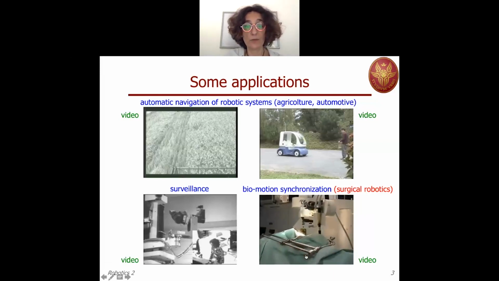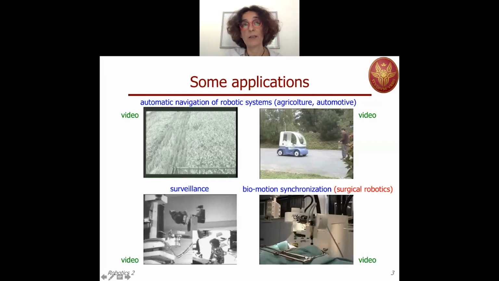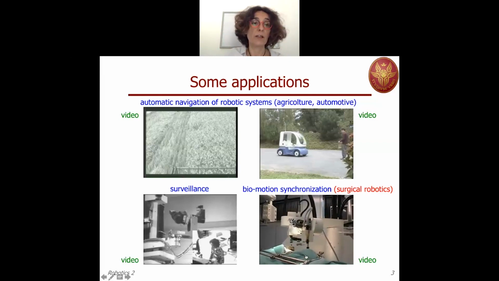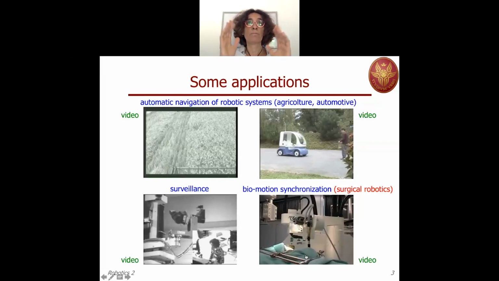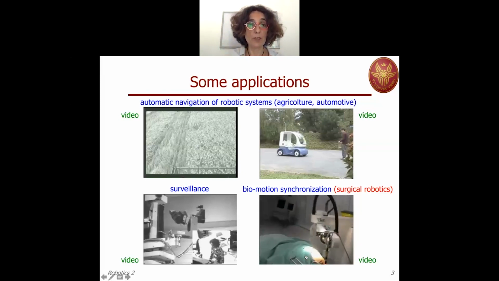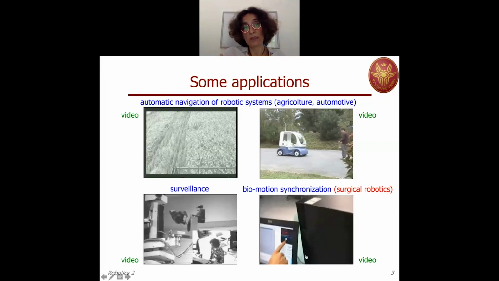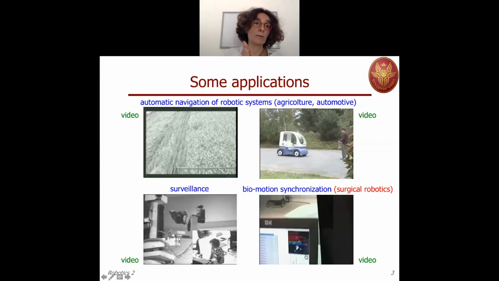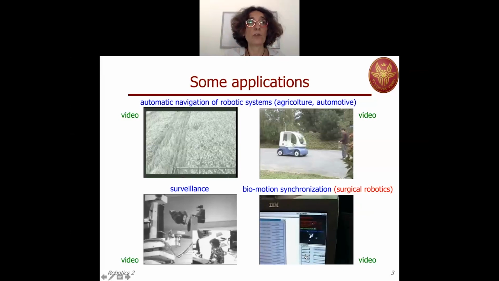The idea is, on one side, to display at the operator's side, at the doctor's side, a steady image, but this is also done, and we will see this particularly during the next lecture, to keep a constant distance between the surgical endoscopic camera and the organ that is moving inside the body.